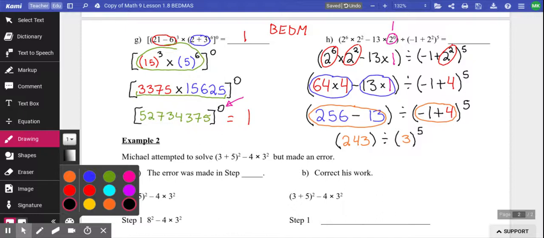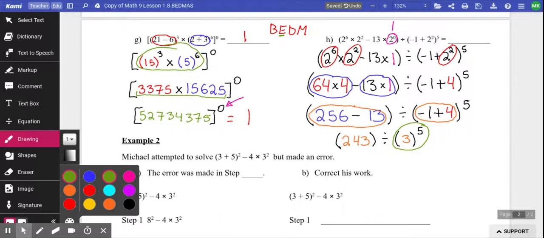Now I do BEDMAS again for everything outside the brackets. If you look, the next letter is E for exponents. I do have an exponent. That's what I need to calculate first. If you don't calculate that exponent first, you're not going to get the right answer.